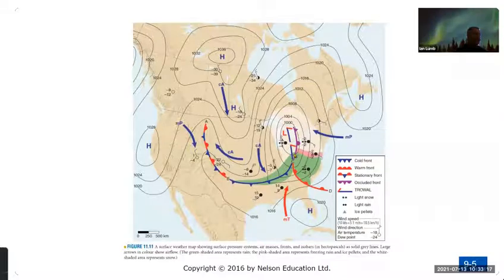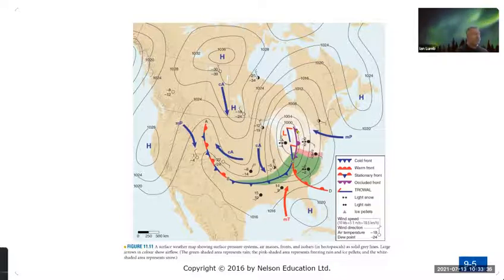Now, this is quite an interesting diagram because it's actually showing us both the American and the Canadian convention for indicating the place where the cold front has caught up with the warm front.